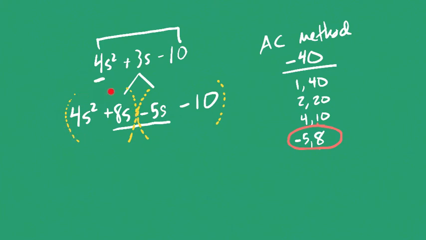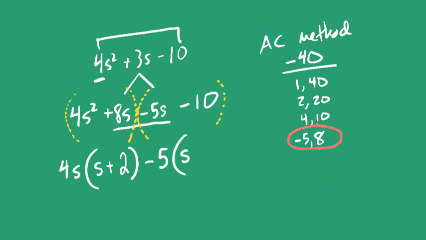So this first pair, 4s squared and 8s, we can factor out a 4, and they both have an s we can take out. And then we'll write what's left. So if you take 4s out of 4s squared, that just leaves 1s. If you take 4 out of 8, that leaves 2, and we took the other s out. With the negative 5s minus 10, we'll take out a negative 5 on that one.